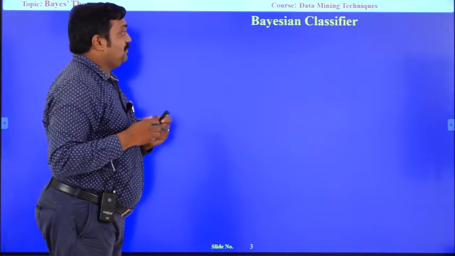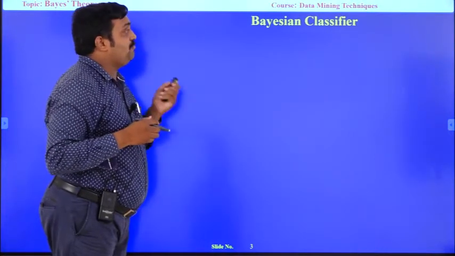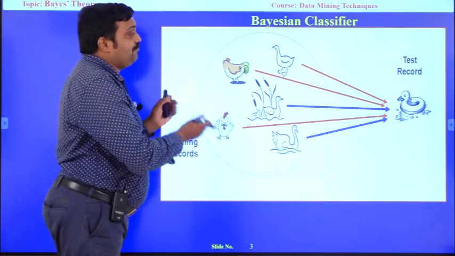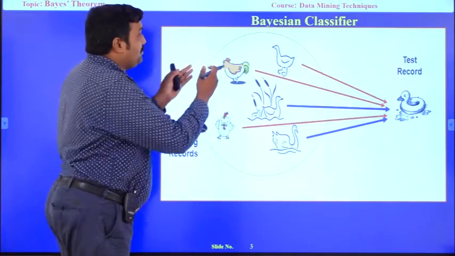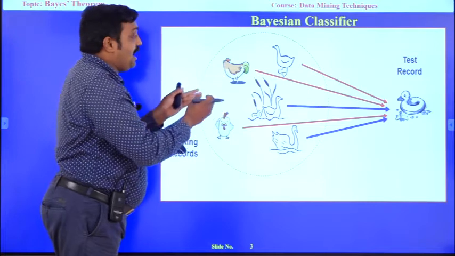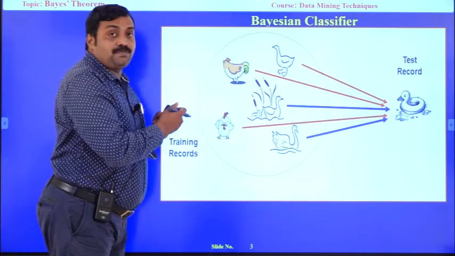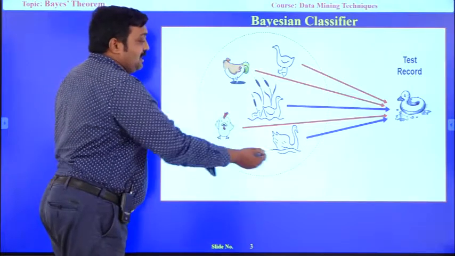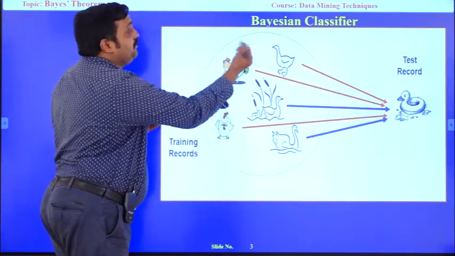Now, see another example. The principle of the Bayesian classifier is, suppose we have a lot of birds. We know their behavior, walk style and speak style. We can identify that it's a hen, a duck, and so on, each and every bird.